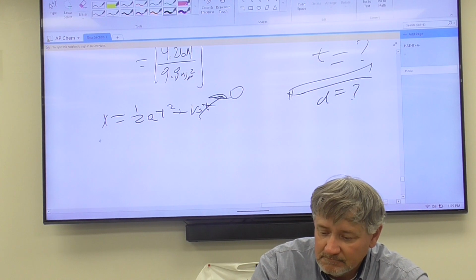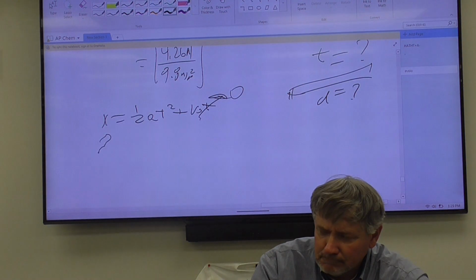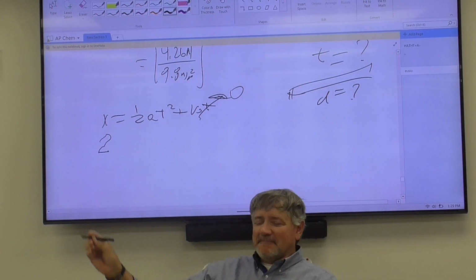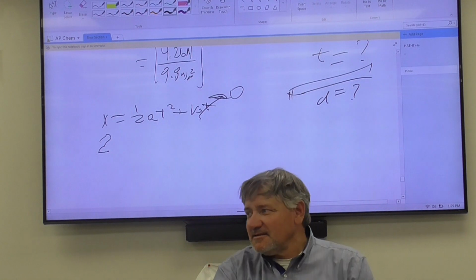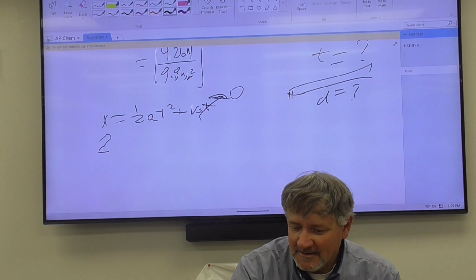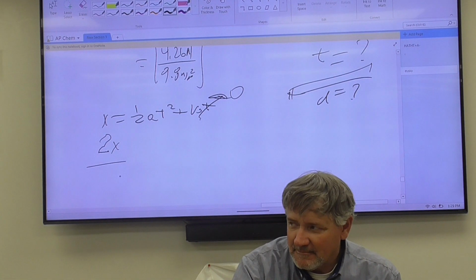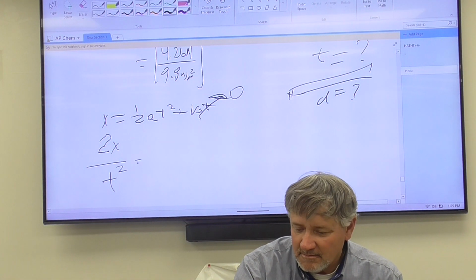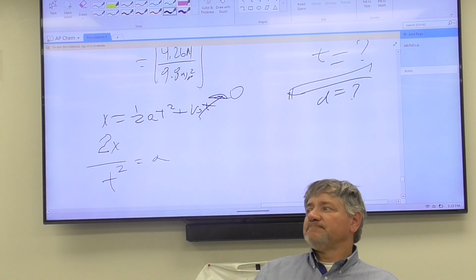Is it 2x over t squared? Are we solving for acceleration? Yes. So it is 2x, and then over t, and you keep the square. That equals a, right?